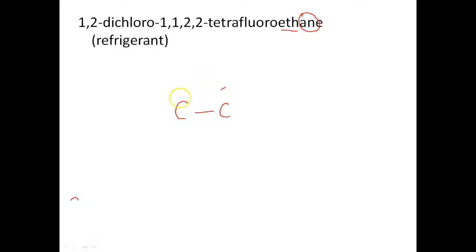Now I know that on carbon 1, I'll call this one carbon 1, I have a chlorine. And on carbon 2, I have a chlorine. Then on carbon 1, I have 2 fluorines, and on carbon 2, I have 2 fluorines. Then I make sure that each of my carbons has 4 bonds. So 1, 2, 3, 4, 1, 2, 3, 4. I don't need to add any hydrogens.